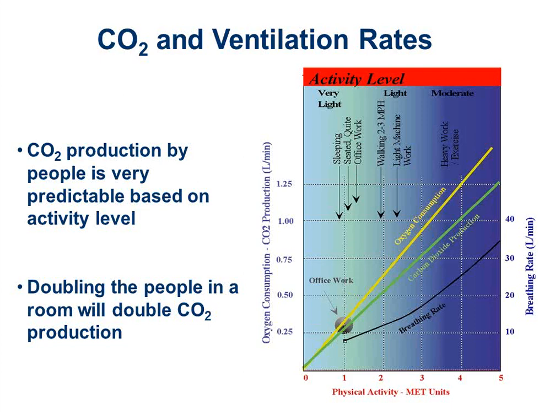You're not hurting the HVAC system at all. If you're doing something more active like walking, or say at a gym and you're running on the treadmill, you're probably exhaling 4 or 5 times that amount, because your metabolic rate is 4 or 5 times that amount. So as we set up CO2 set points and things like that, it does get dependent upon the kind of space we're talking about. Offices are going to be different than gymnasiums and things like that.